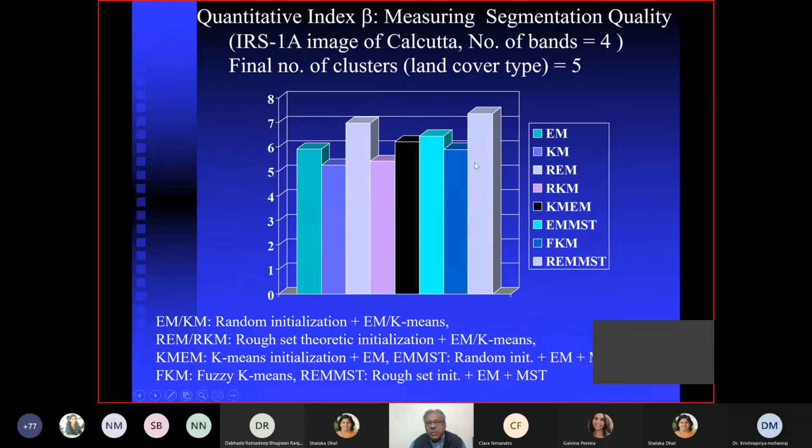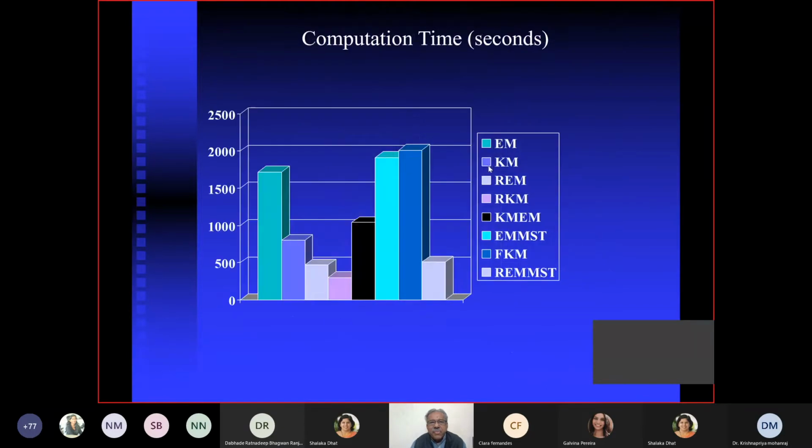So there are improvements of the beta value when you use rough set theory on top of EM, on top of KM, and on top of EM plus MST. Similarly, the computation time reduced from here to here, here to here, here to here. So significantly, you have gain in index value and you have gain in computation time.